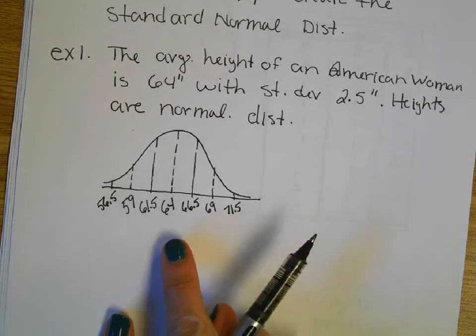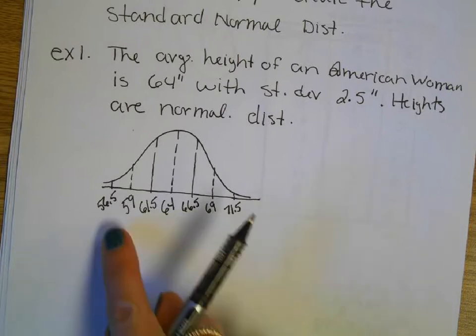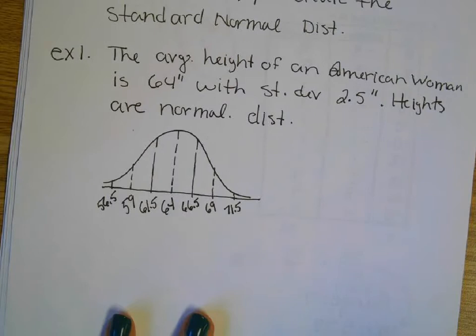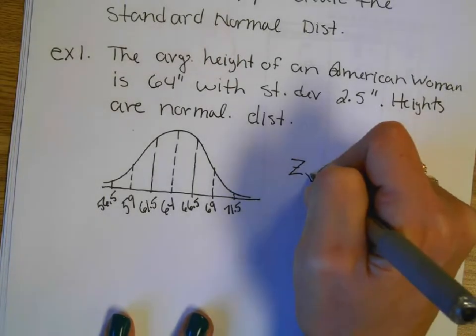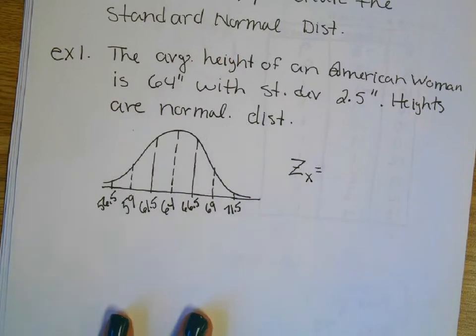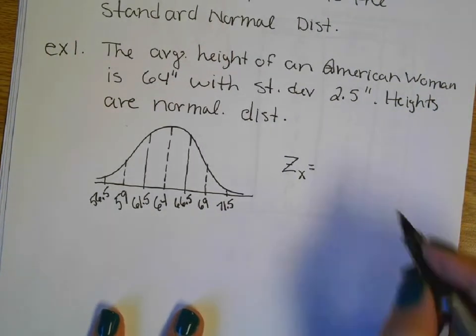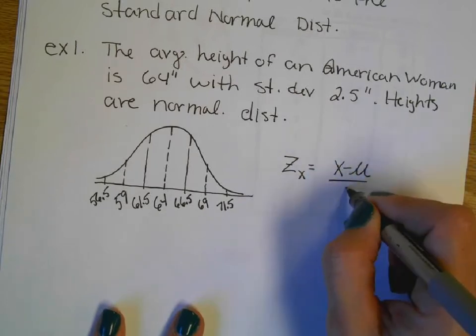Now, if we want to convert this to the standard normal, that means every one of these x values has to get converted into a z-score. What was our formula from yesterday to take an x value and convert it into a z-score? X minus mean over standard deviation.